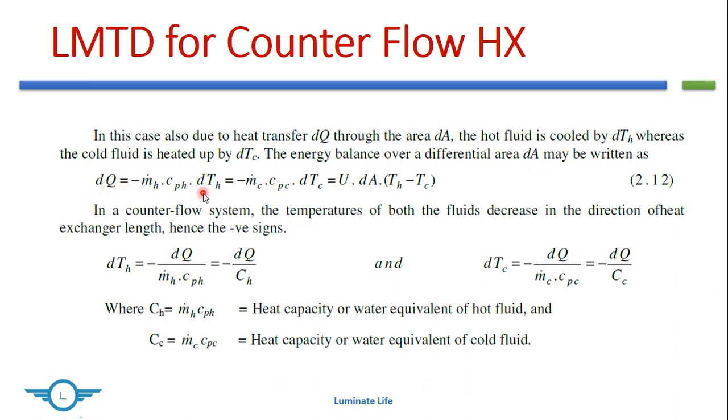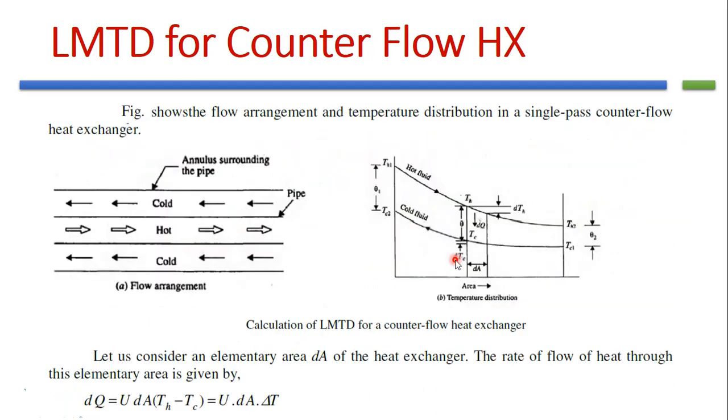Here, if you are considering the heat transfer in the direction of heat exchanger length, we have dTh also negative and dTc also negative. So you will have to write dq is equal to minus m dot h Cph into dTh, which is the same as m dot c Cpc into dTc, which is evident in this diagram.